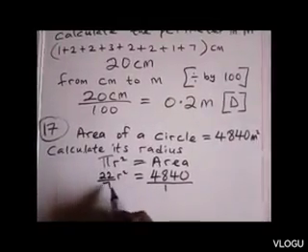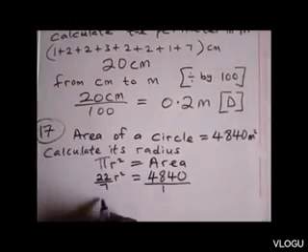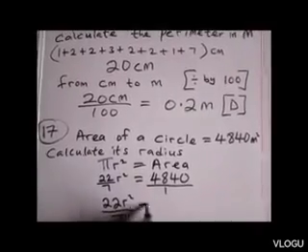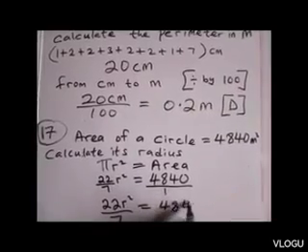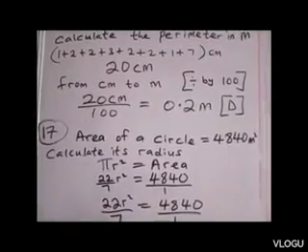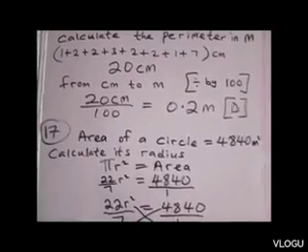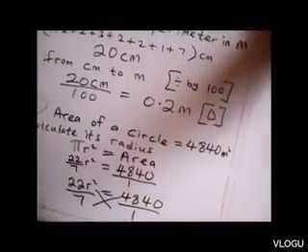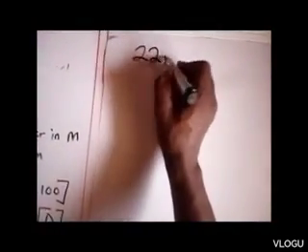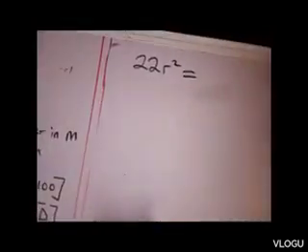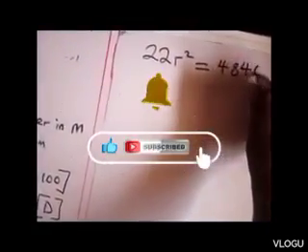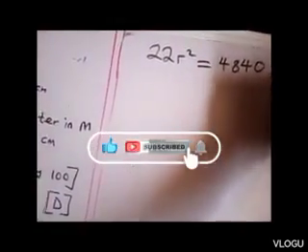Now I can do it this way. I can simply multiply this together, and that will give me 22 r squared all over 7 equals 4840 all over 1. Now if I cross multiply this, that will give me 22 r squared is equal to 4840 multiplied by 7.